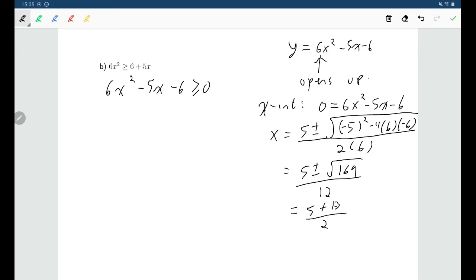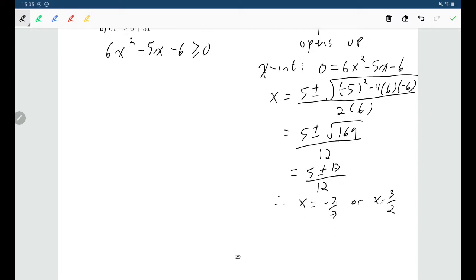So I have 5 plus or minus 13 over 12, and I come up with two values for x. x is either 5 minus 13 over 12, which is -8/12, which is the same thing as -2/3, or 5 plus 13 over 12, which is 18/12, which is the same thing as +3/2.